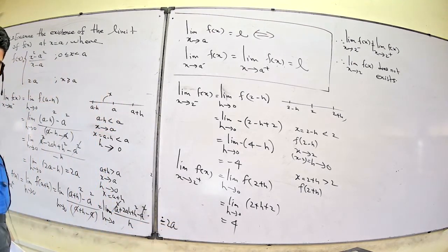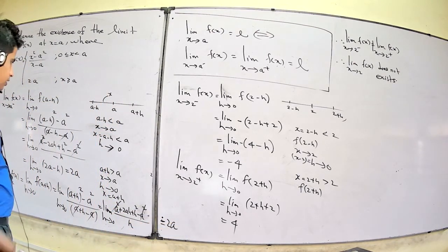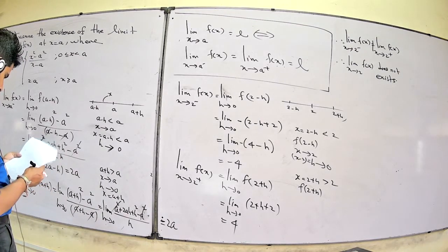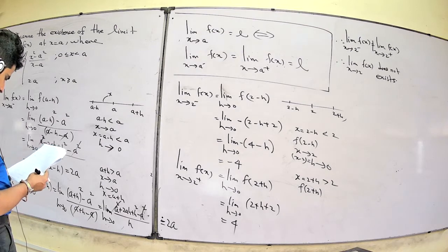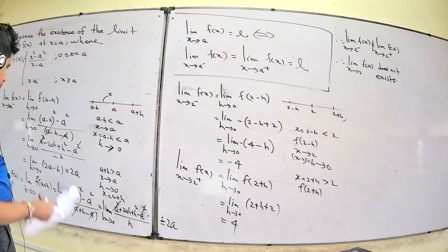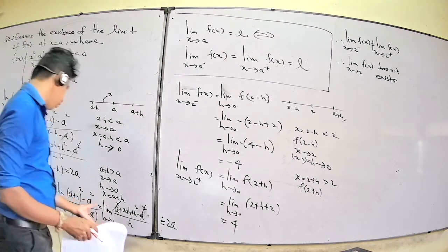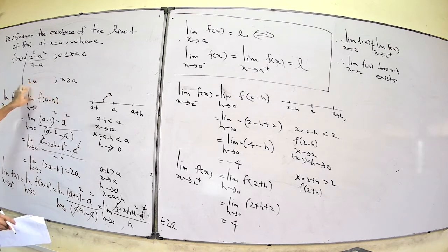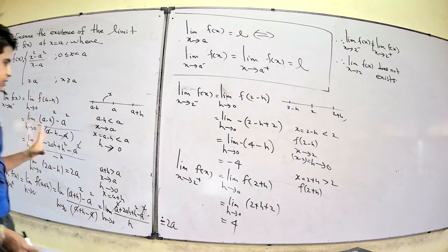In this case also 2a. Therefore the left limit equals 2a, the right limit equals 2a, and the limit as x tends to a is also 2a. Therefore this limit exists.